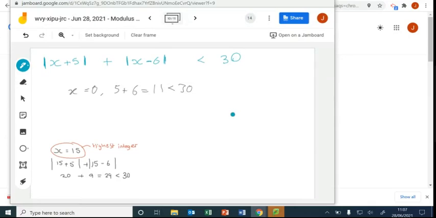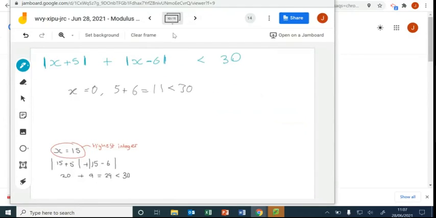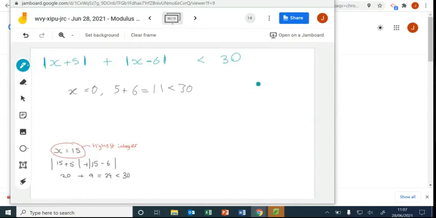So let's use the definition. What does the definition say? The definition says that the function remains the same when it's greater than 0. So modulus of x plus 5 is equal to x plus 5 when, of course, x plus 5 is greater than 0, or when x is greater than minus 5.